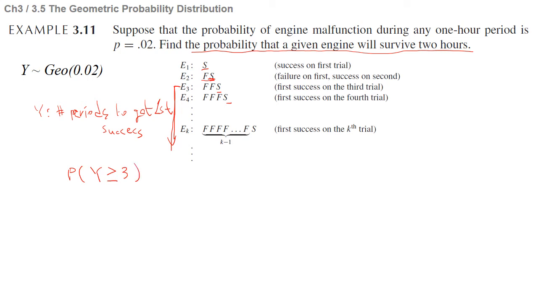This probability is 1 minus the probability of Y equals 0, minus the probability of Y equals 1.